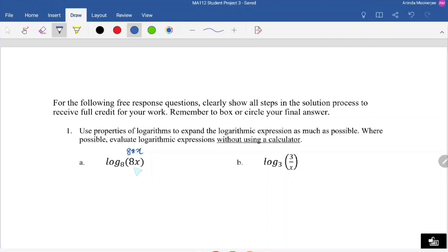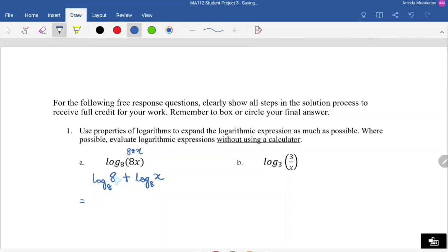That means we can split up the 8 and x and write it as 2 terms using log base 8. So we will write log base 8 of 8 plus log base 8 of x. Now we have to see if we can simplify this further.